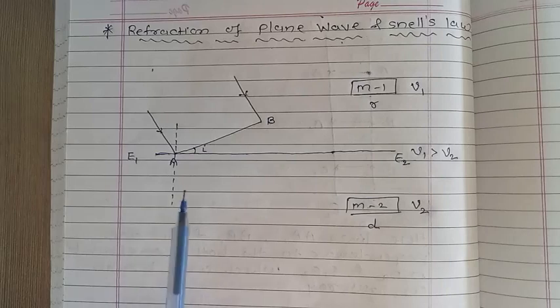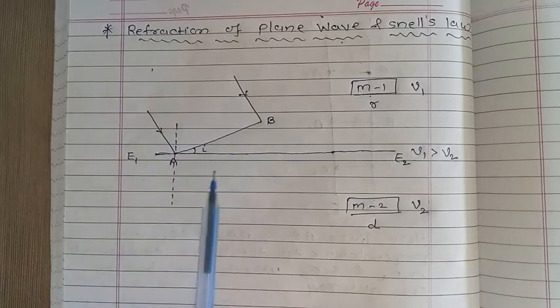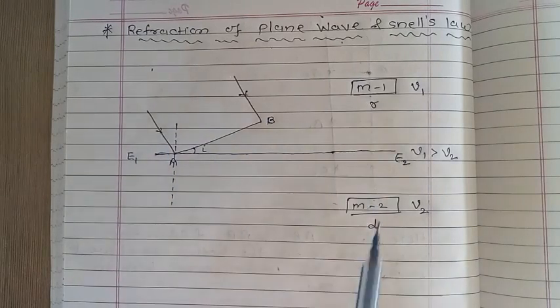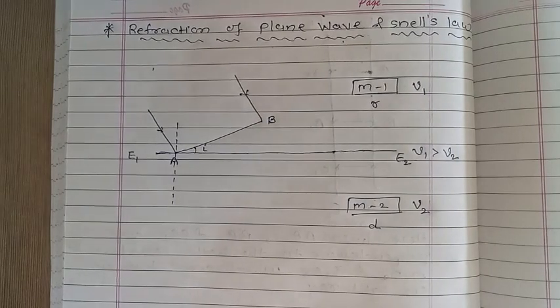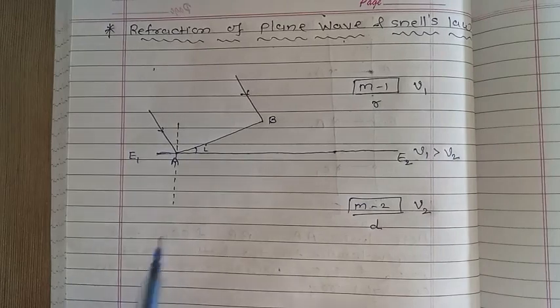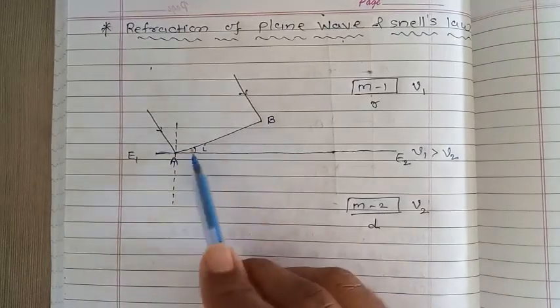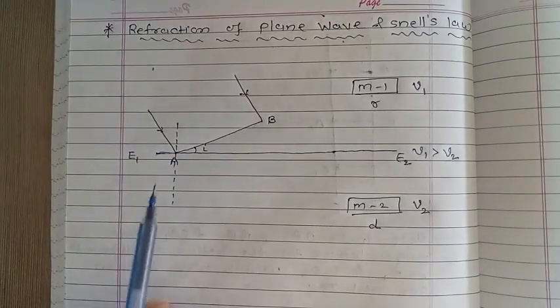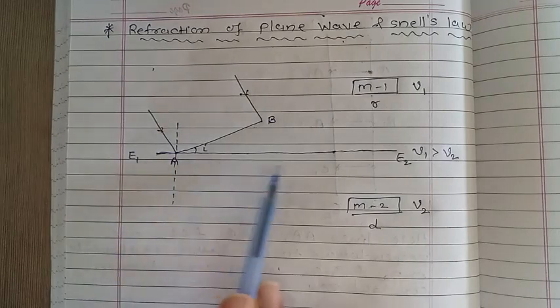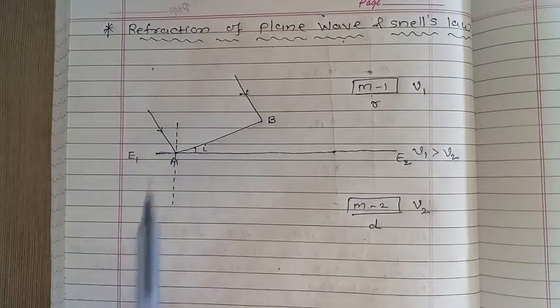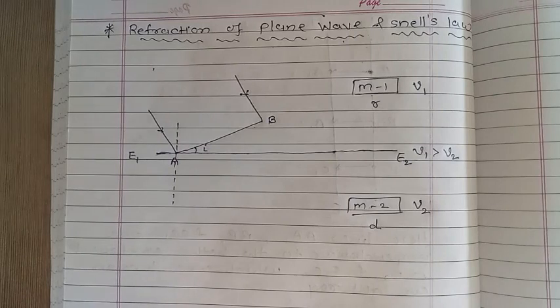So the wavefront goes from rarer medium to denser medium. So see here, now this plane wavefront AB is incident on this surface E1 E2 at angle i, which is the incident angle, right?